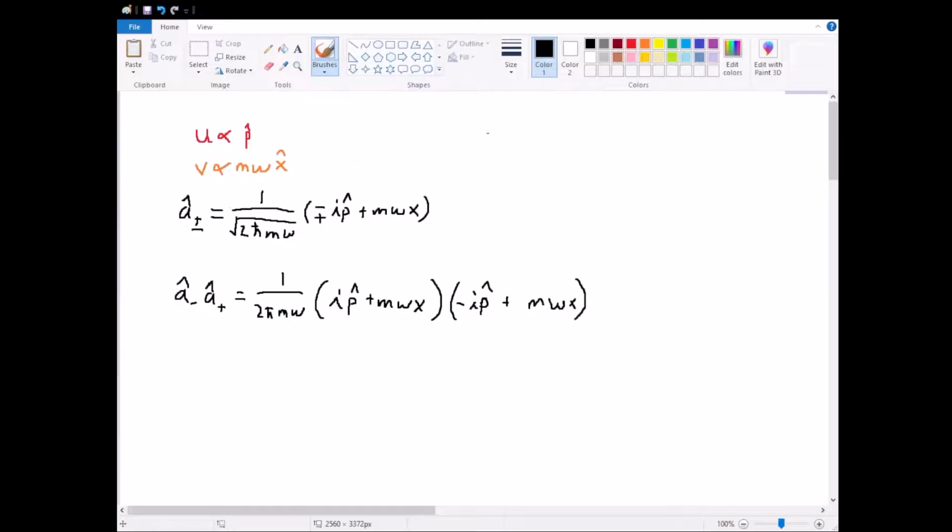So let's multiply this out fully. Once again, the factor at the front just gets brought down without any problems. So let's copy paste this. And then we use the distributive property to multiply these two polynomials together. What do we have? I and negative i, so that's a negative times a negative, which should become positive. So this is p hat squared for the first term.